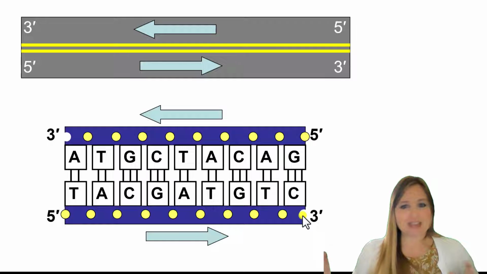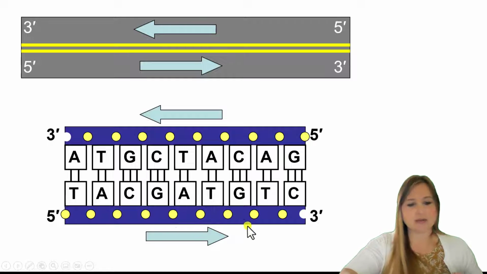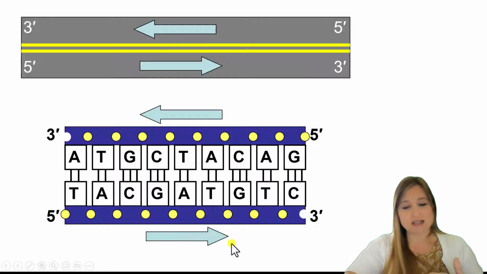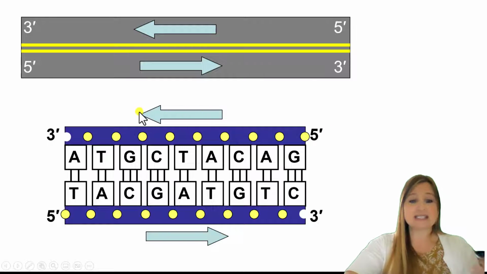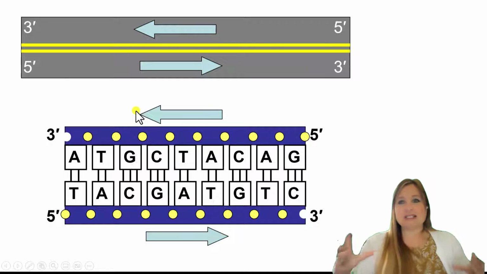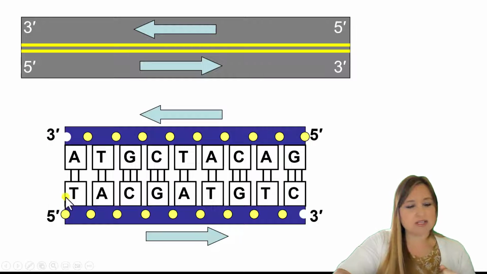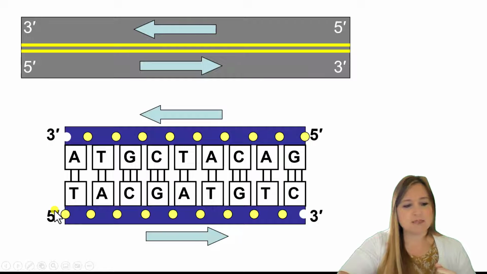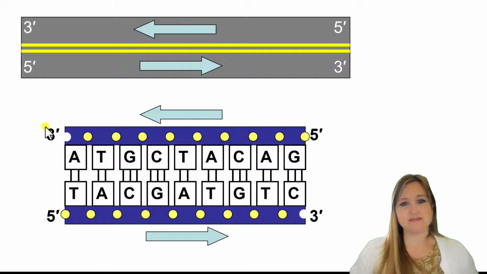Now, just when we figure that out, we automatically know the direction of the other strand, because if this bottom strand is going 5' to 3' left to right, then it means the top strand is going 5' to 3' right to left. So if ever we take a double-stranded piece of DNA and we know, okay, on this bottom strand, that's the 5' end, we know that the other strand at that point is going to be the 3' end, right? Because they're going in opposite directions.